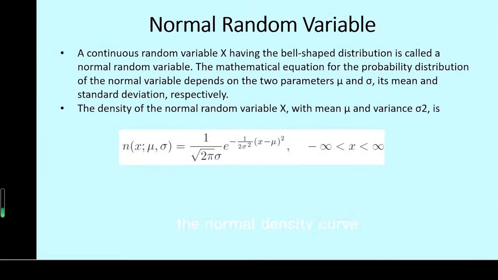So the normal density curve has this form with two parameters, mu for the mean and sigma for the standard deviation, and sigma squared to measure the variance of the distribution.